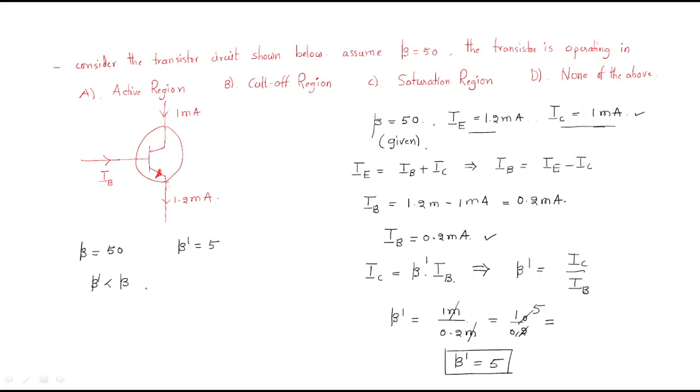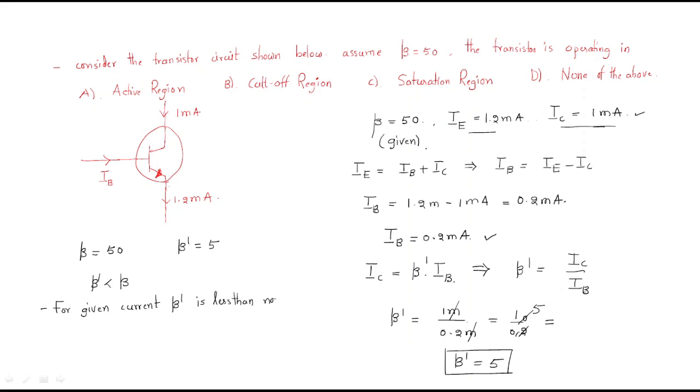We can write a statement. The statement is, for the given current we are getting amplification factor beta dash less than the nominal value.